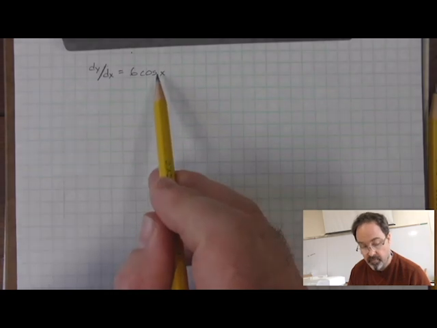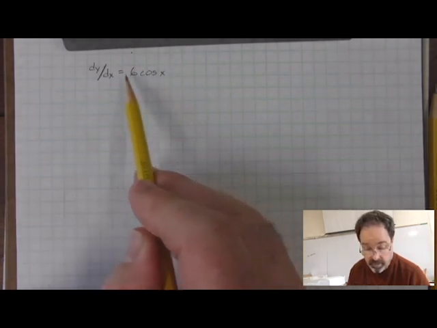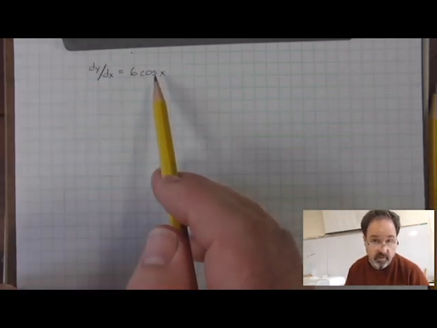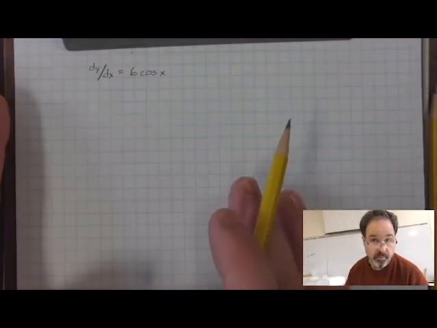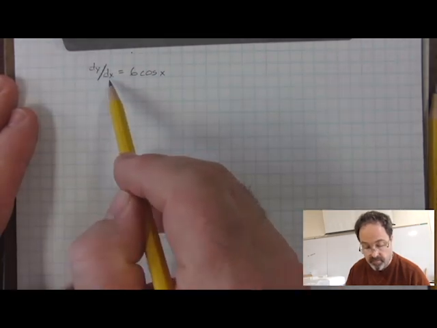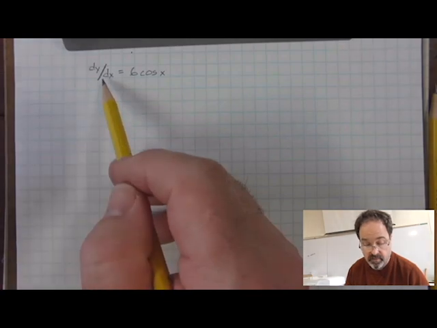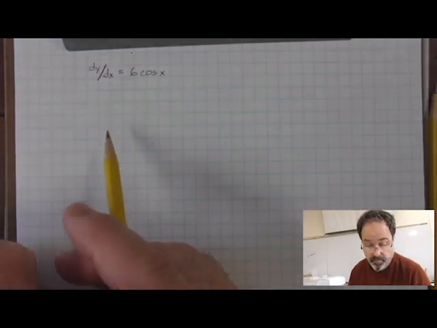In simplistic terms, we could simply find the antiderivative of 6 times cosine x to get that equation. And that's true, but we're going to approach this with a complete process. This symbol for the derivative is very useful because it can be treated as a fraction and we can use the rules of algebra.